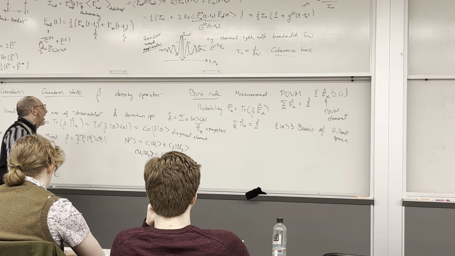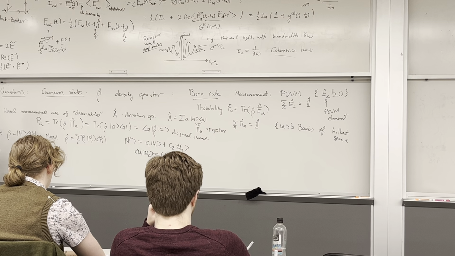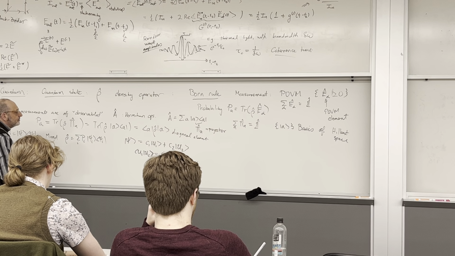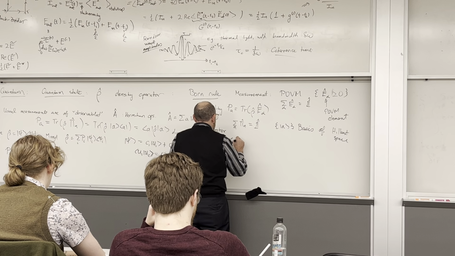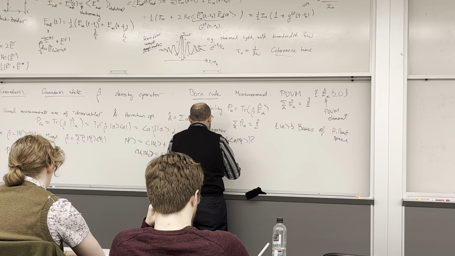Now we ask ourselves, what is the probability of seeing outcome A in a projective measurement, for example? For this particular case, for a pure state, it's the square of the amplitude.